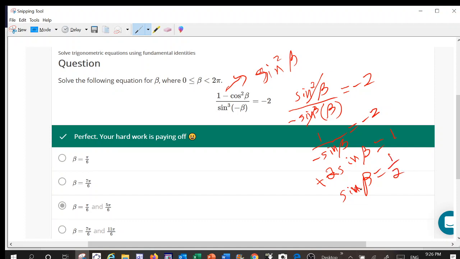Right? And what angle has sine 1/2? Well, this angle, and if you're from 0 to 2 pi, that one. So it would be pi over 6 and 5 pi over 6, right? And those are the solutions.